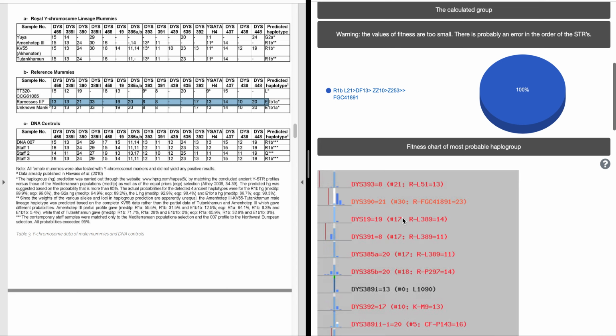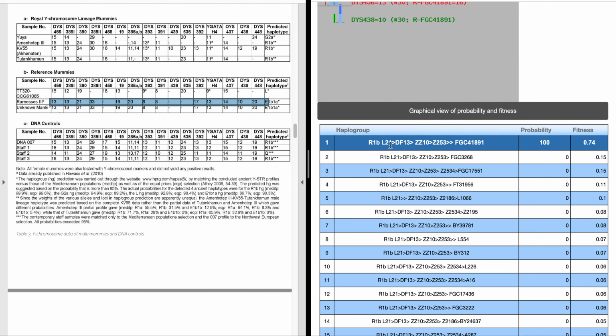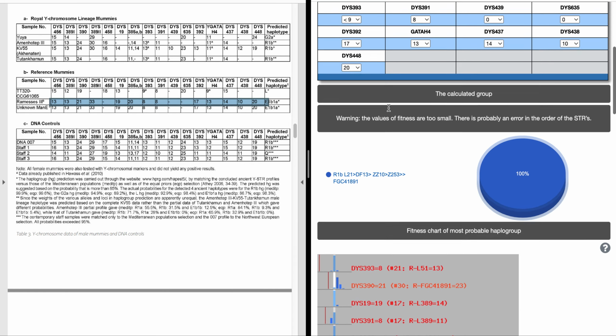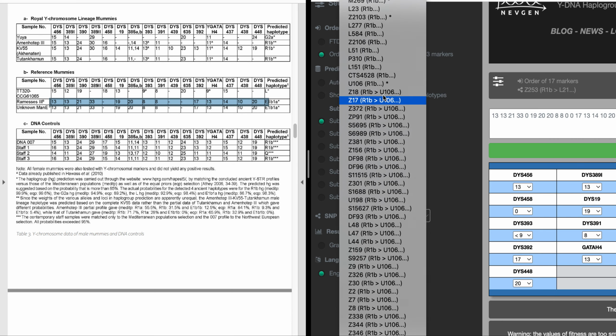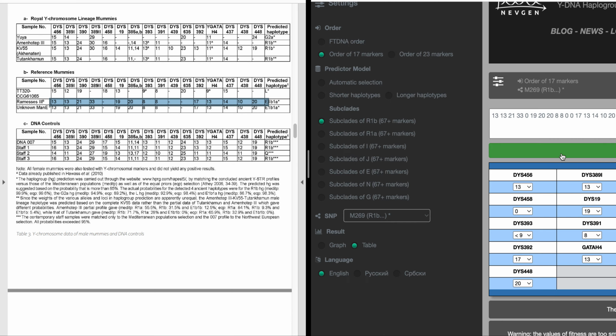All right, so it looks like this is his haplogroup. So Ramses III and unknown man E belongs to R1b SNP Z253 of FGC 41891.